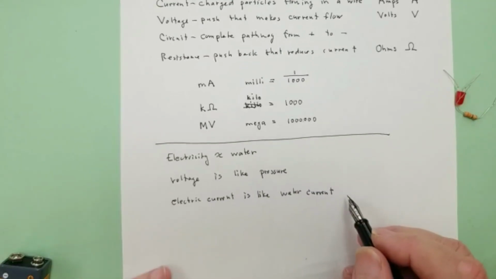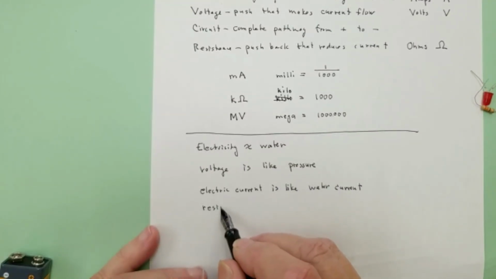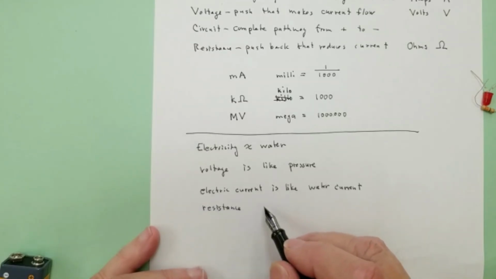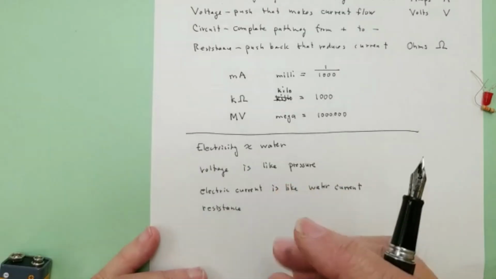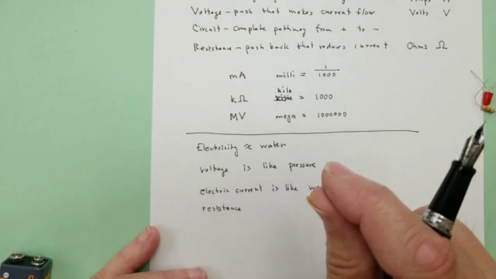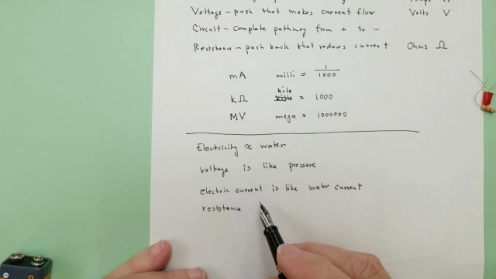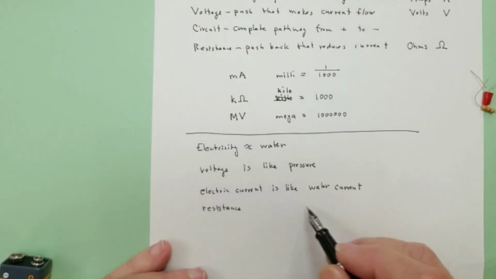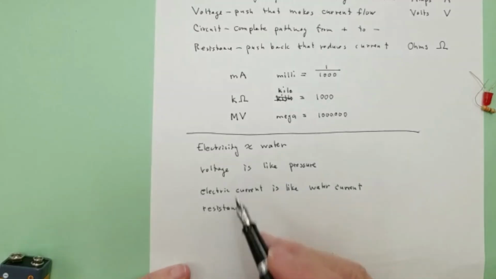Okay, and then finally, resistance. It's kind of like you're pinching a hose. So imagine that you had a hose with water coming out of it, and you just gave it a little bit of a pinch, and it makes it more difficult for the current to flow out. It pushes back against the current, and it reduces the water. And so it's similar to resistance in the electric circuit.